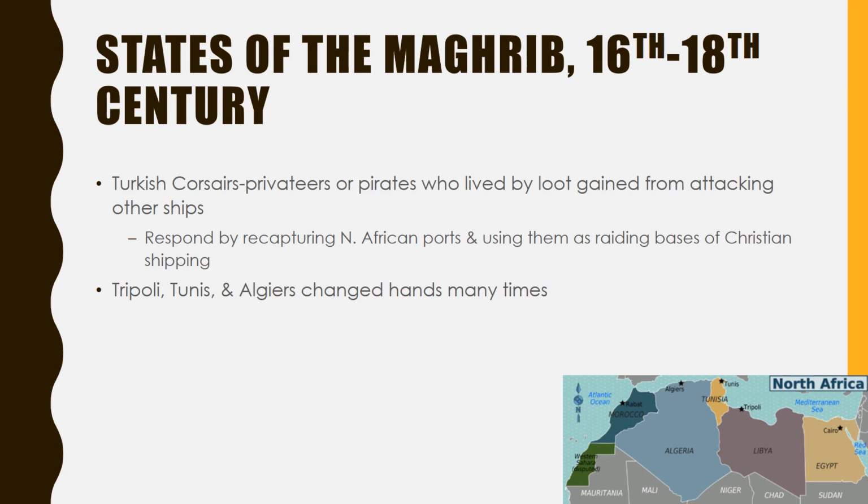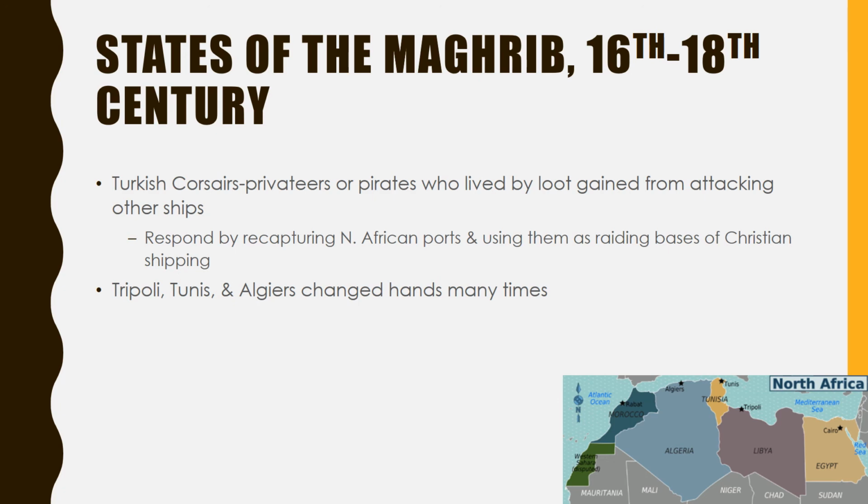So Turkish corsairs, who are essentially pirates, who lived by the loot gained from attacking other ships, are going to start really patrolling this region as well. And they're going to respond by recapturing northern African ports from the Christian control of Spain and Portugal. And they are going to use them as raiding bases against Christian shipping.